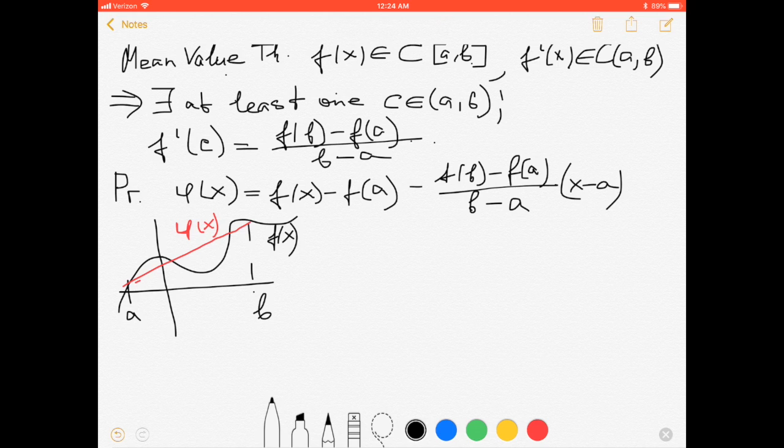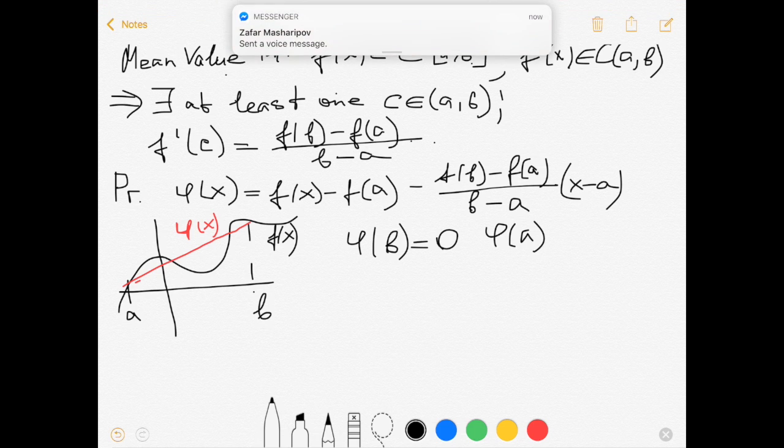Checking the value of our function at the endpoints of our interval: if we plug in x equal to b, we simplify and get exactly 0. If you plug in a, you have 0 too.